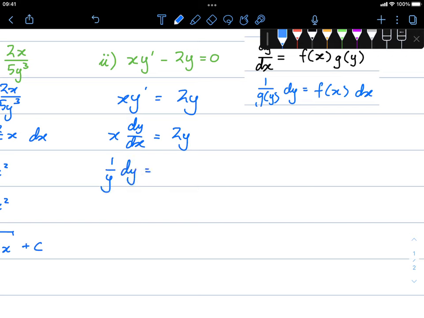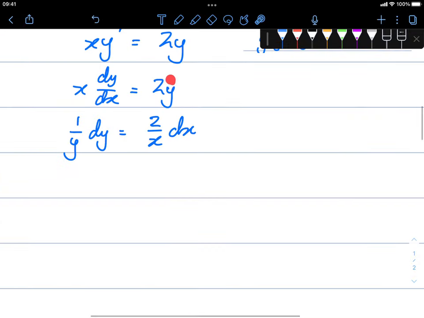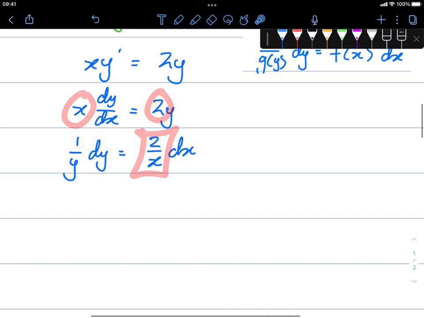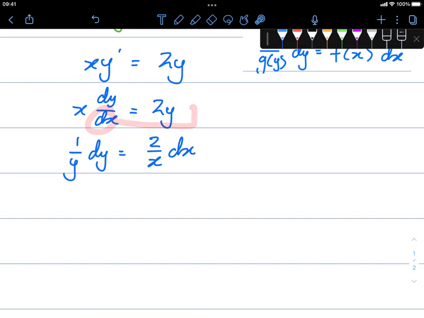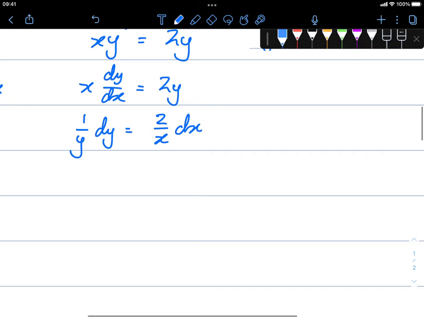dy equals 2 on x dx. So I've divided just by y to get 1 on y, and I've divided 2 by x to get 2 on x. And at the same time, I've multiplied by dx. We integrate both sides. We get ln of y equals 2 ln of x.